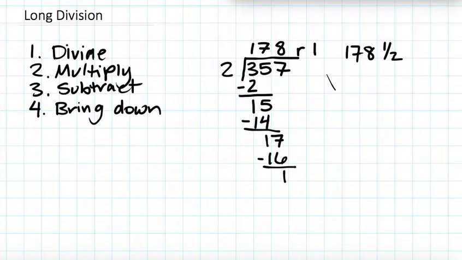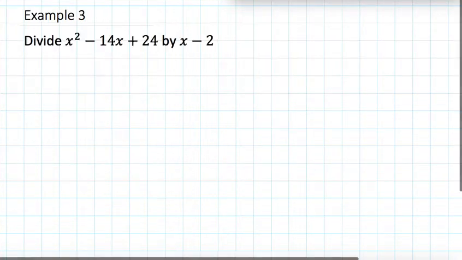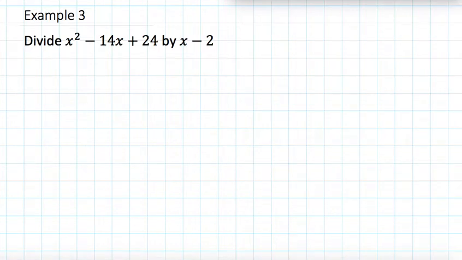The process when we're working with algebraic expressions is similar steps, but obviously it's different because now we're going to have x's involved. So we're going to start with this one. Divide x squared minus 14x plus 24 by x minus 2. So I'm going to put the x minus 2 on the outside because that's what I'm dividing by.